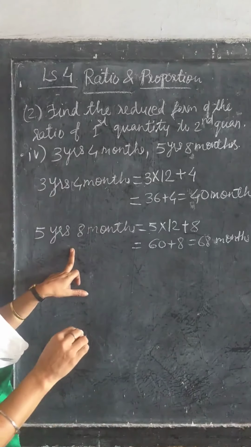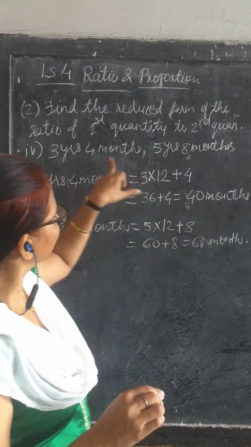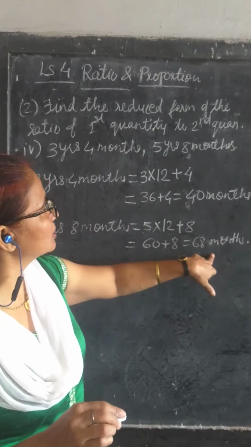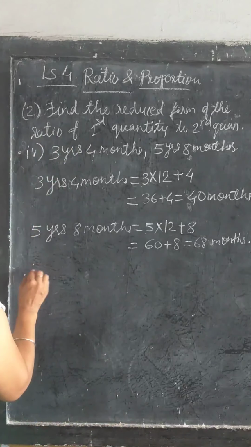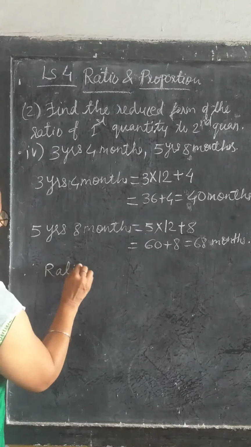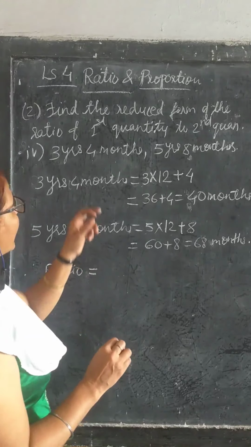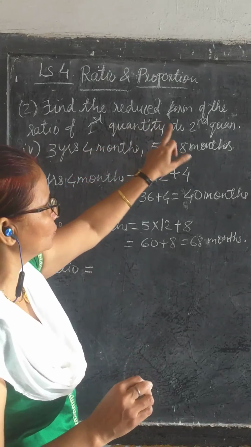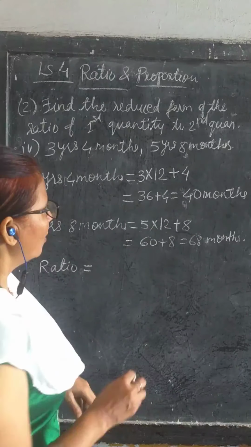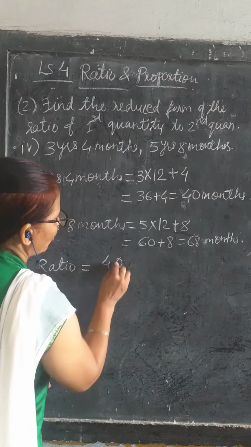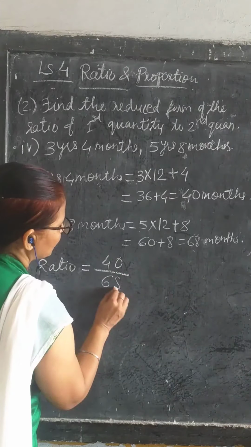Now as you can see, we have converted the given quantities into the same unit. Now you have to find its ratio. Therefore the ratio is equal to, according to the heading, first quantity to second. Here the first quantity is 40 months, so you will write 40 by 68.